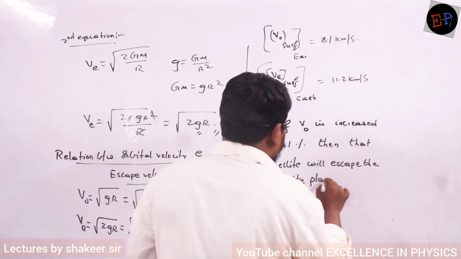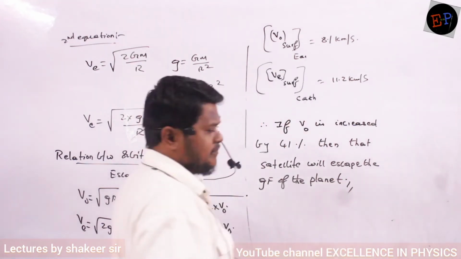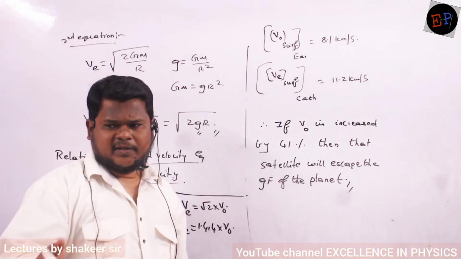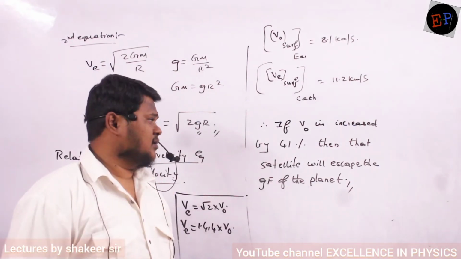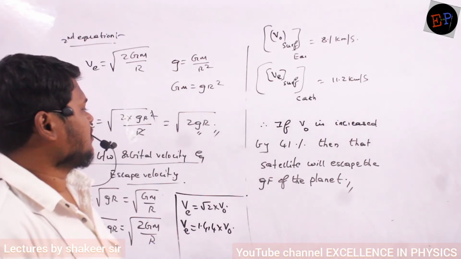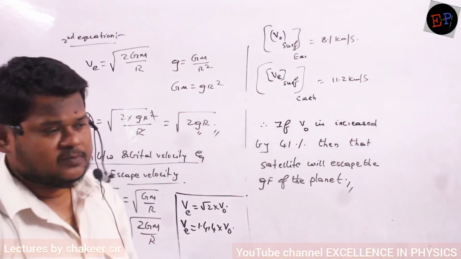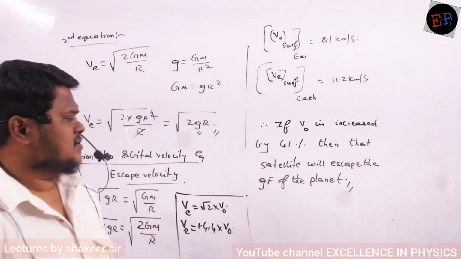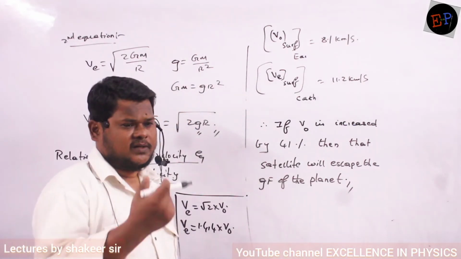Understood? If you increase velocity, it will go to another orbit. If V0 is increased by 41%, then the satellite will escape the gravitational field of that planet.